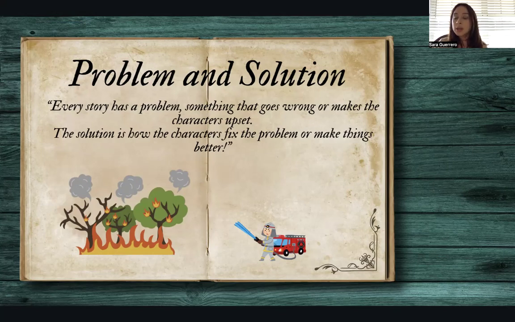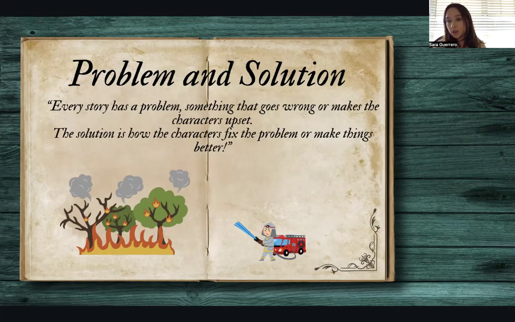But sometimes there are more details, more hidden in how to find the problem. For example, in Snow White, the problem was many things. The Wicked Witch was jealous. Snow White had to find help. There was somebody after her.